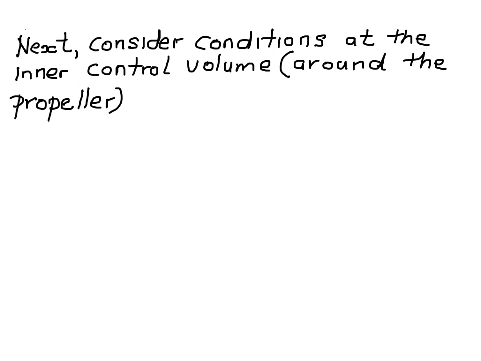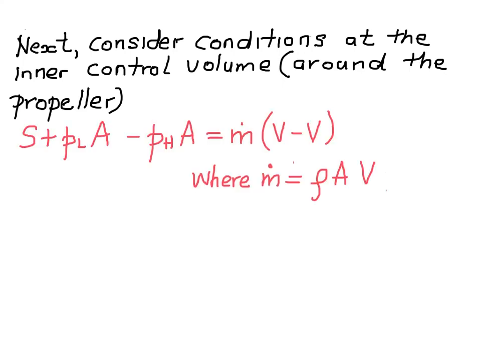Next, let us consider conditions at the inner control volume, that is around the propeller. S, the overall momentum force, is equal to the mass flow rate times the momentum leaving minus the momentum entering, which is the same velocity.